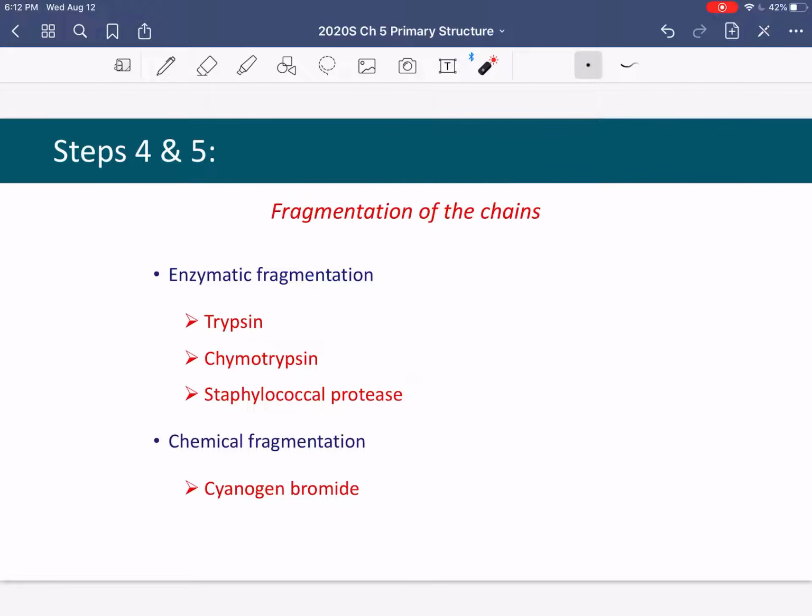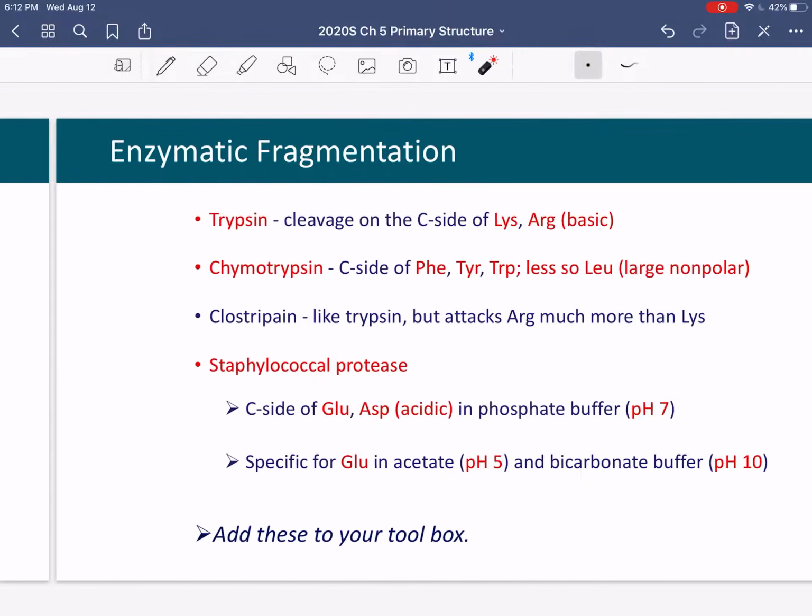There are 3 enzymes that I want you to get to know very well that catalyze the addition of water after a specific amino acid: trypsin, chymotrypsin, and staph protease. And one chemical reagent is going to be added to your toolbox as a cleavage reagent, and that's cyanogen bromide. Okay, so we're going to cover each one of those.